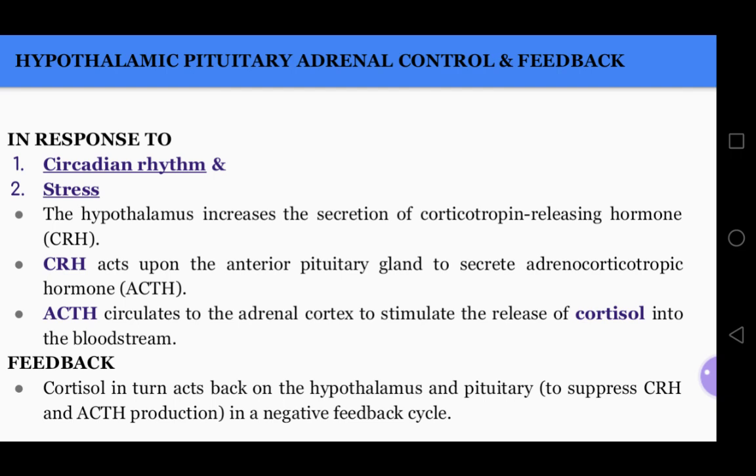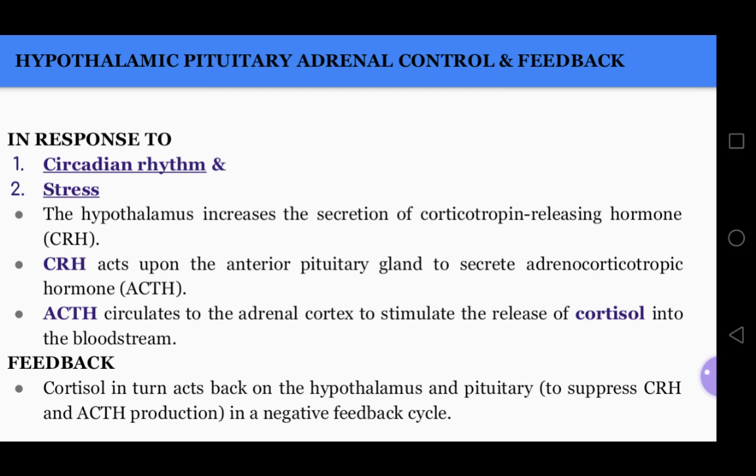This hormone acts upon the anterior pituitary gland to secrete adrenocorticotropic hormone or ACTH. This ACTH circulates through the blood and reaches the adrenal cortex to stimulate the release of cortisol into the bloodstream.